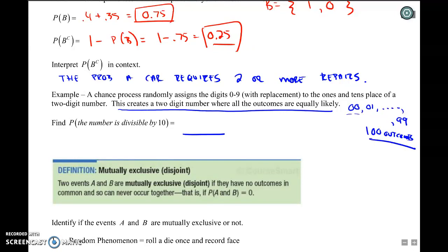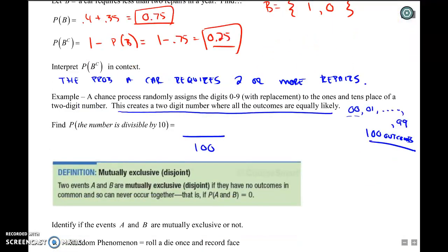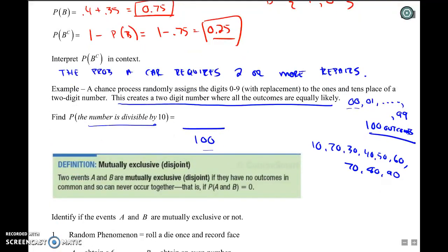Well, the total number of outcomes is 100. We're using the formula for number favorable divided by the total number in the sample space. So how many are favorable to the number being divisible by 10? Well, I guess we should just list all the numbers that are divisible by 10: 10, 20, 30, 40, 50, 60, 70, 80, 90. Now I would list 100, but 100 is not a possible outcome.